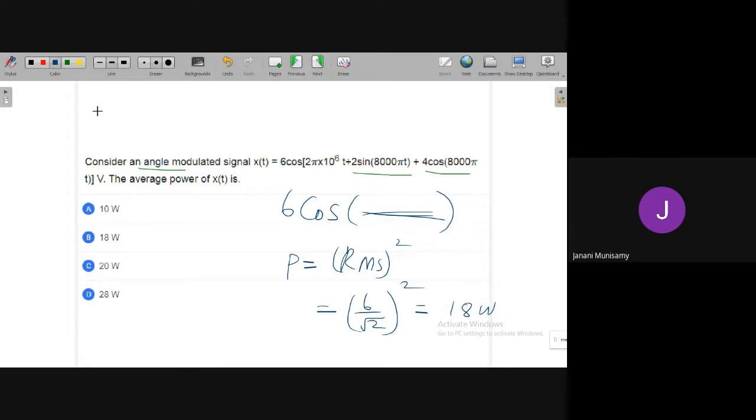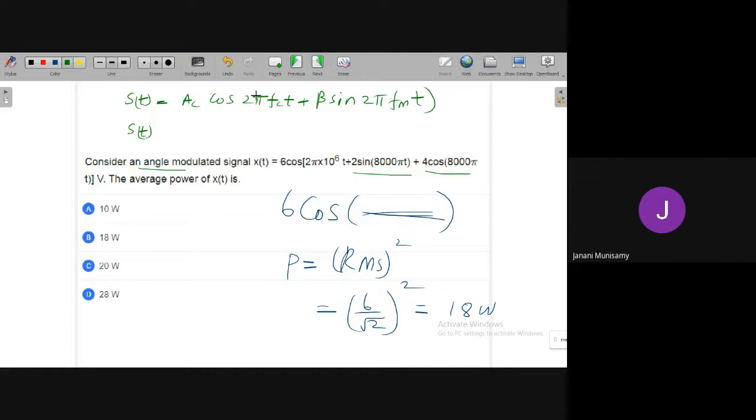So what I'm trying to say here, we can have a note. If it is an FM signal or PM signal, in case of FM signal, I hope we have written like this: Ac cos 2 pi fc t plus beta sin 2 pi fm t.